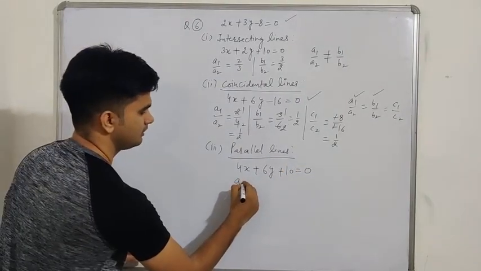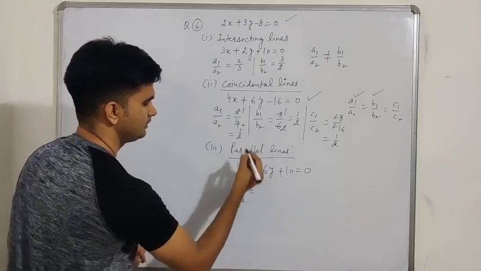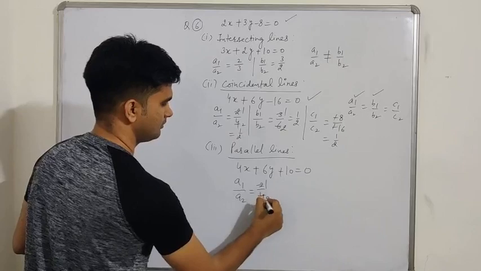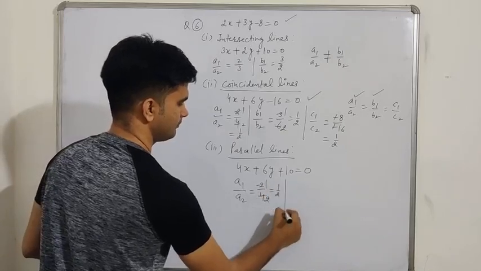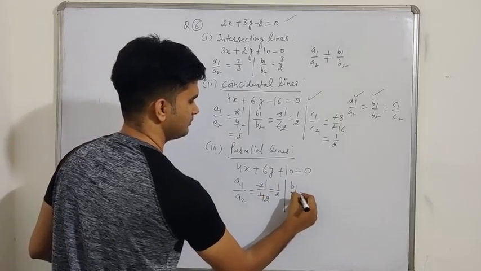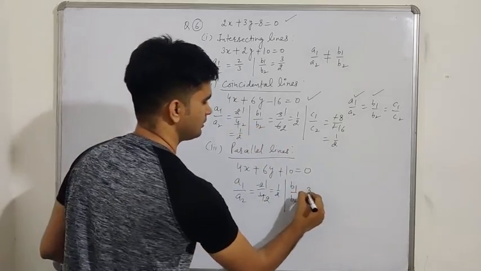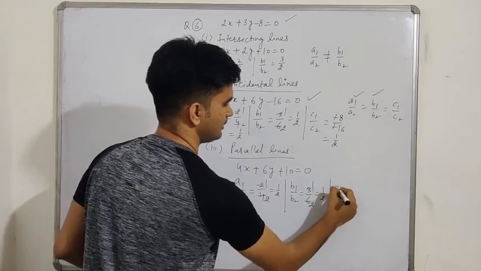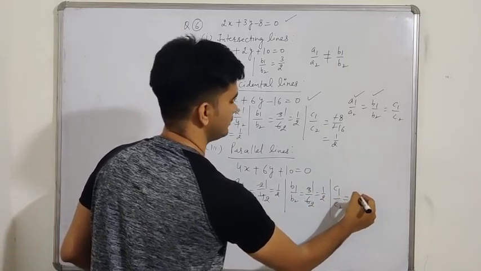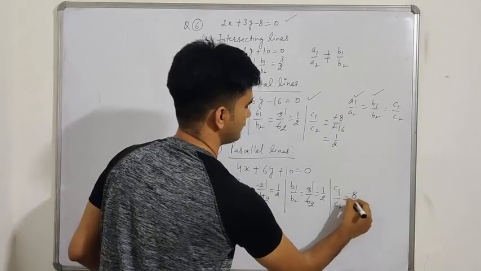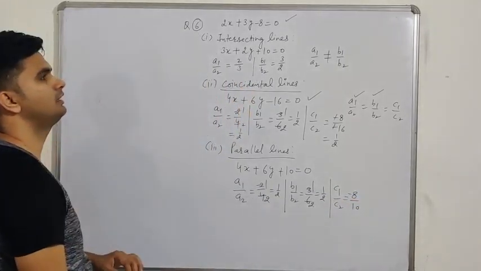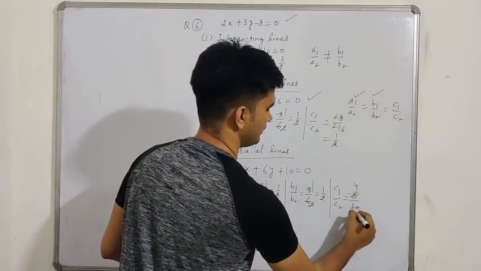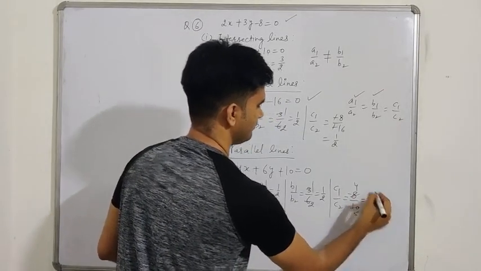Right? So a1/a2 is 2/4, which is 1/2, b1/b2 is 3/6, again 1/2, then c1/c2 is -8/10, which means -4/5.